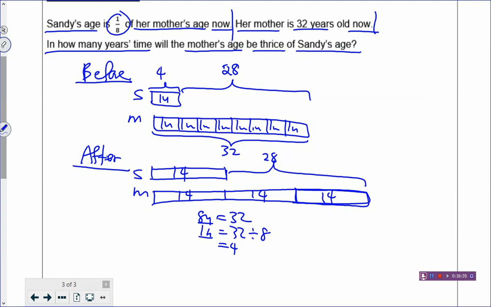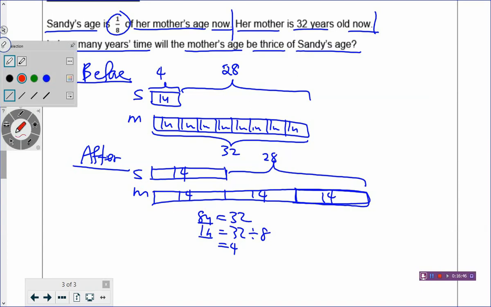Okay, so now can you find in how many years' time the mother's age will be 3 times Sandy's? Well, you look at the mother's age. How old is the mother in the future? If you look at the mother's age in the future, that'll be 14 times 3. Isn't that 42? Right?